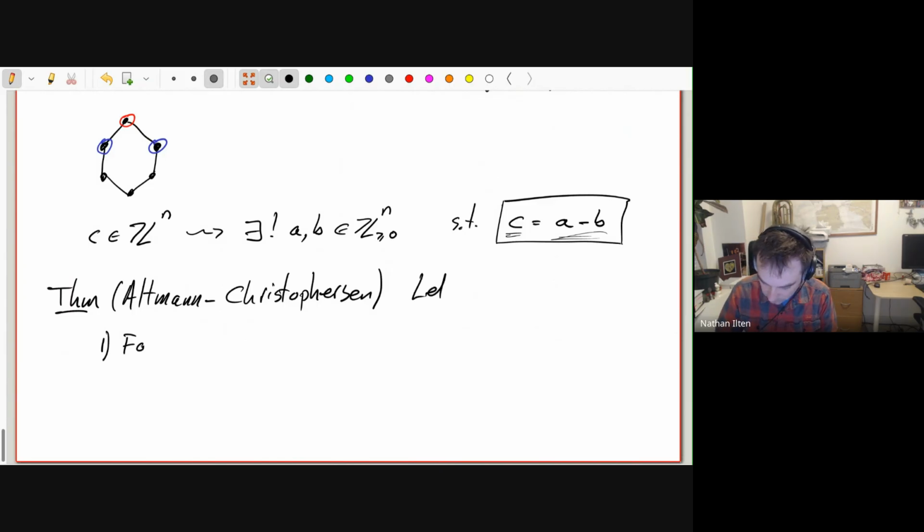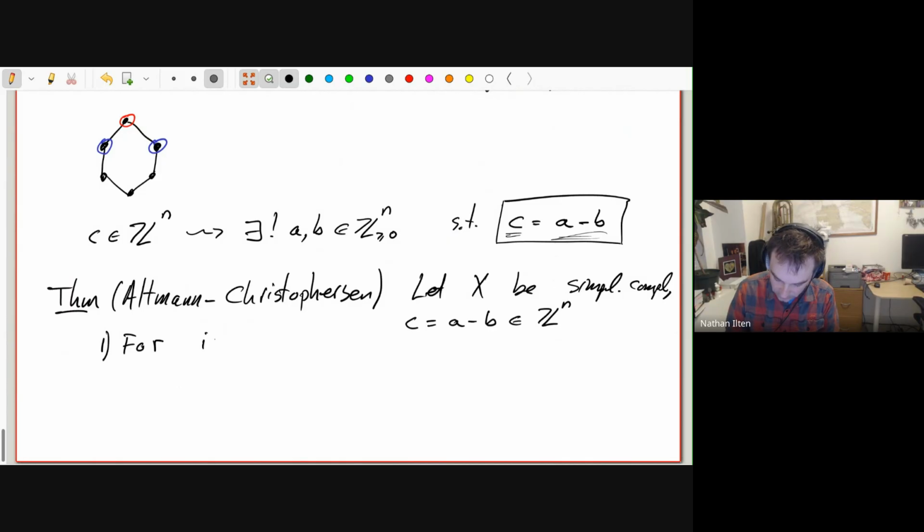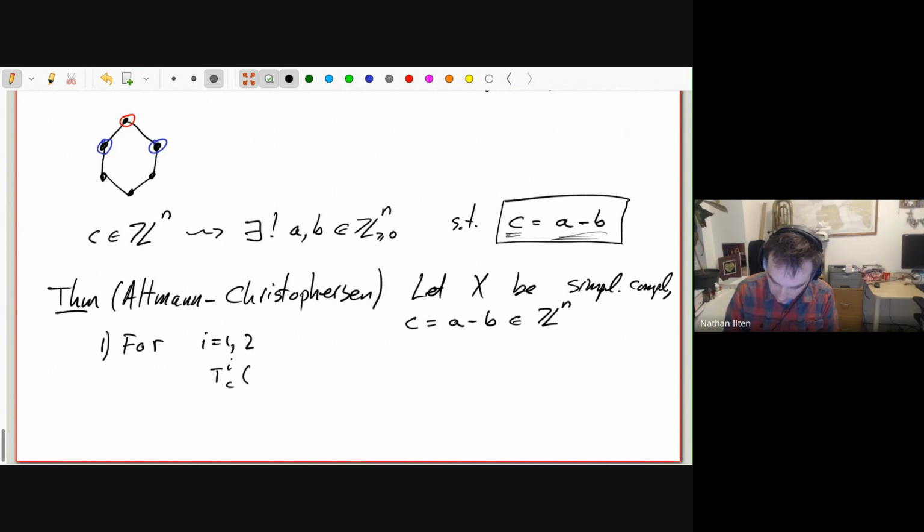So let X be a simplicial complex, and c = a minus b be one of these weight vectors. The first statement says for i equals 1 or 2, T^i_c(X) is equal to 0 unless b, the negative part, only has entries in 0 and 1.